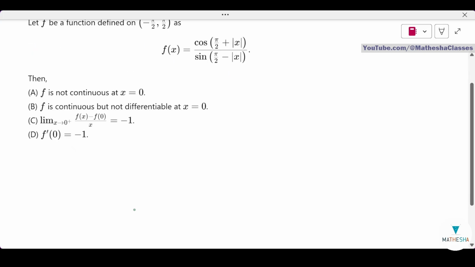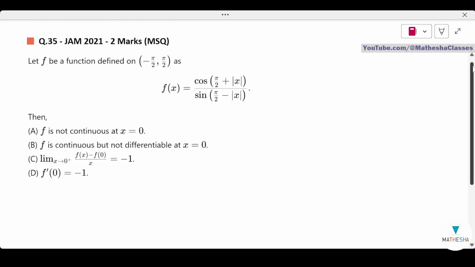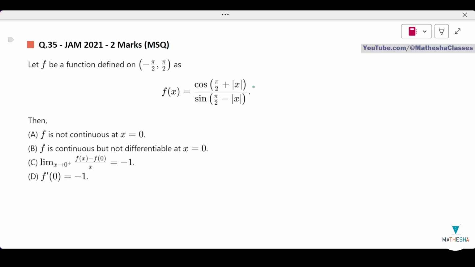So let us discuss them one by one. First of all, let us rewrite fx by removing modulus. So fx is actually cos of pi by 2 plus x upon sin of pi by 2 minus x when x is greater than 0, because the value of mod x is x when x is greater than 0 and minus x when it is less than or equal to 0.